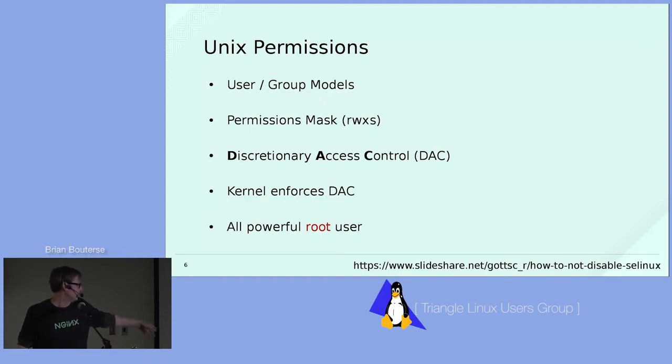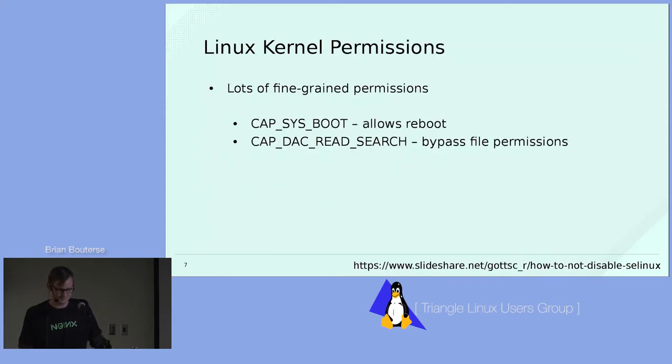Now, there's also this all-powerful root user. I guess that was enough in a lot of cases through the history of Linux, but there are a lot of problems with root, and we'll talk about some of those in a minute.